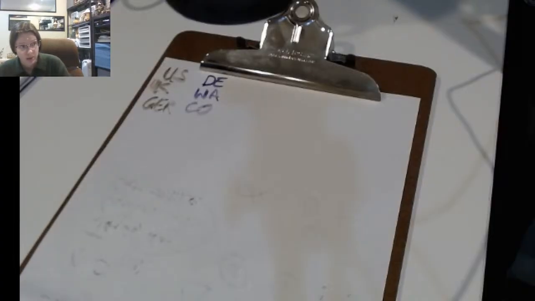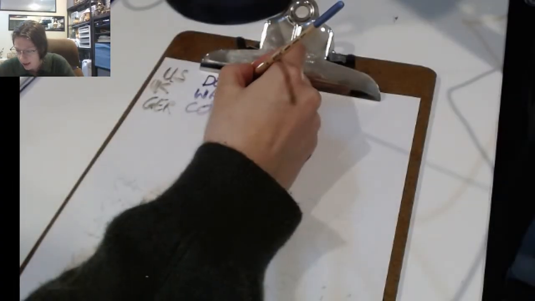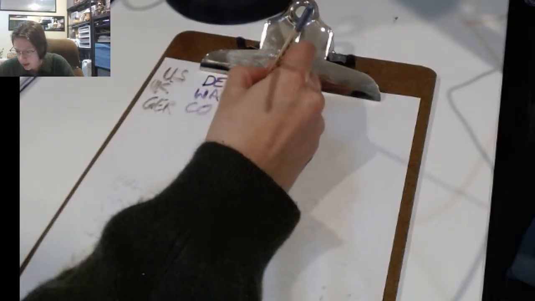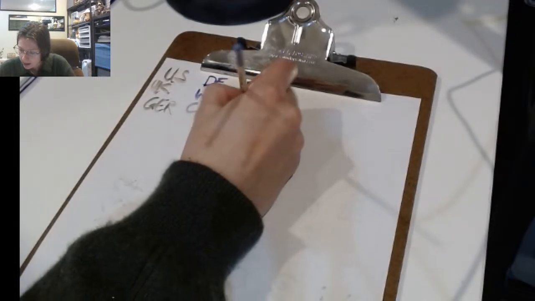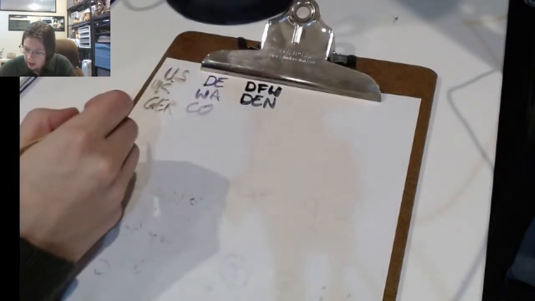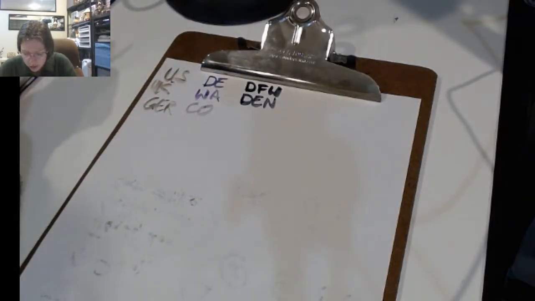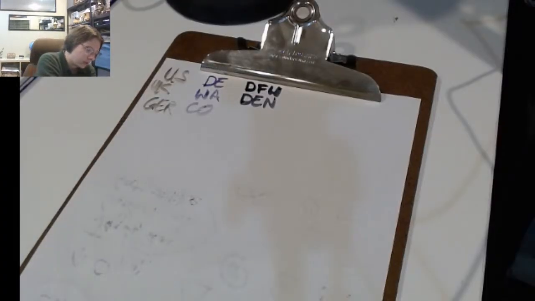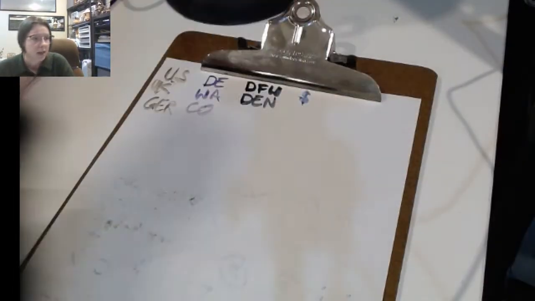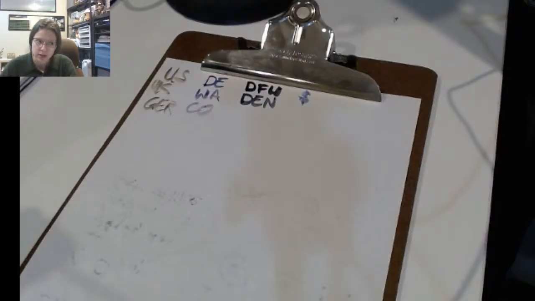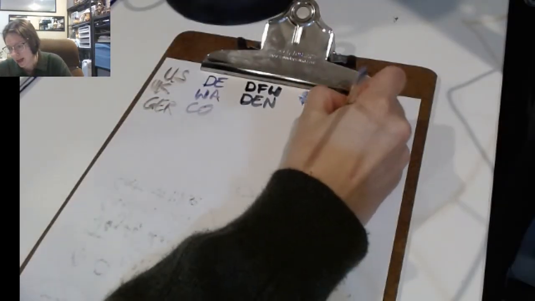Airports always have their own codes, so like DFW stands for Dallas-Fort Worth Airport. DEN is Denver International Airport. I don't remember any of the other ones, but all the airports have their own abbreviations. And then most currencies will also have their own abbreviations. So in addition to something like a dollar sign, the abbreviation for the US dollar is USD.